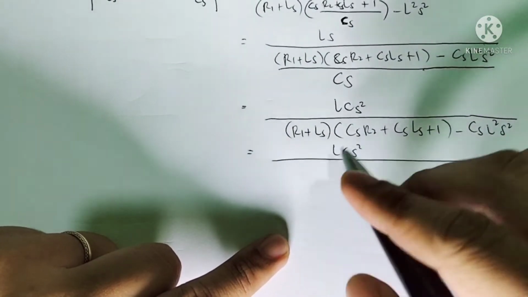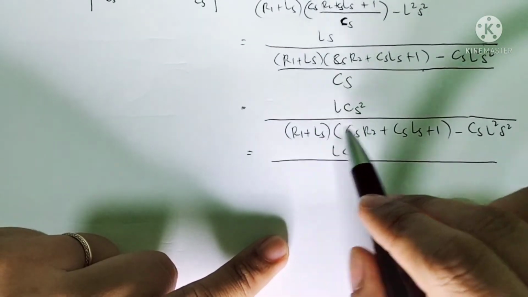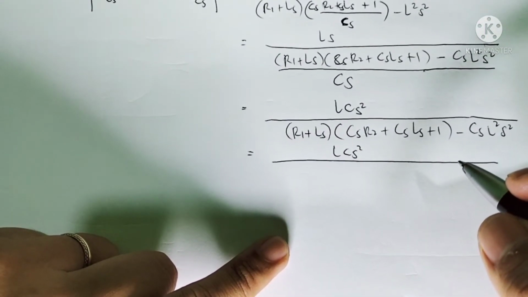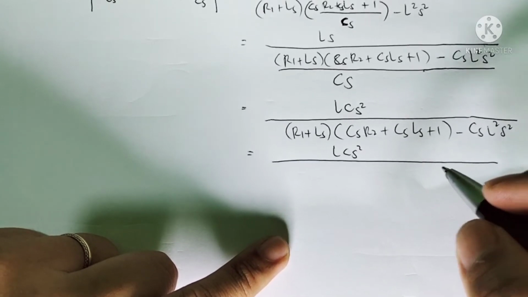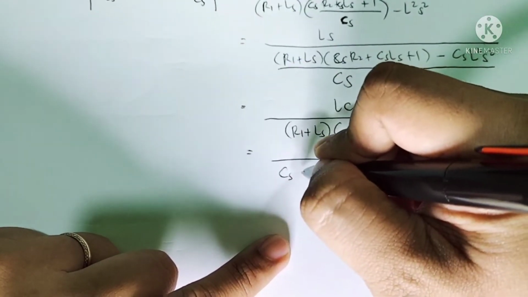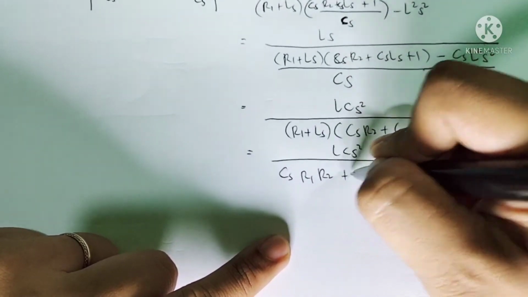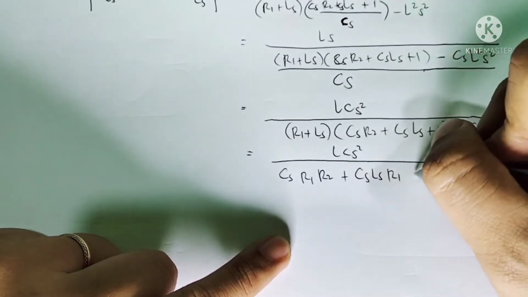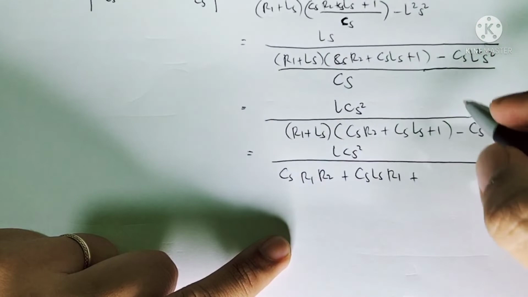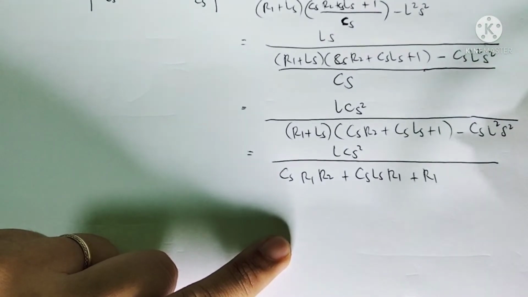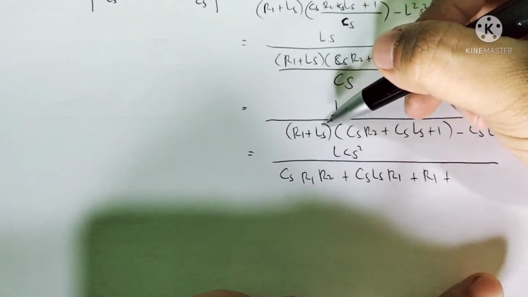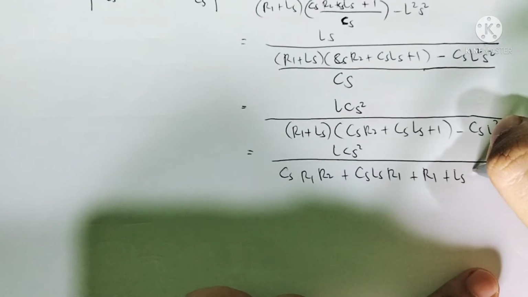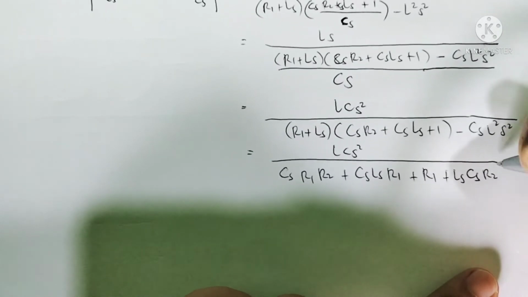Expanding by the FOIL method, R1 times Cs R2 is Cs R1 R2, plus R1 times Cs Ls, that is Cs Ls R1, plus R1 times 1, so this is R1. Next, Ls times Cs R2, so Ls Cs R2.